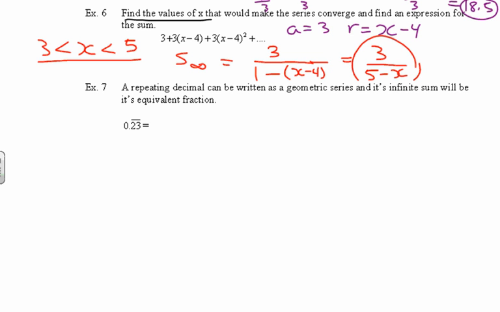Believe it or not, we can use infinite series to help us with this. I can make an infinite series out of this. First thing I write down is that it's equal to 0.23. Well, it's not quite equal to 0.23, is it? But what if I did this? Am I getting closer?